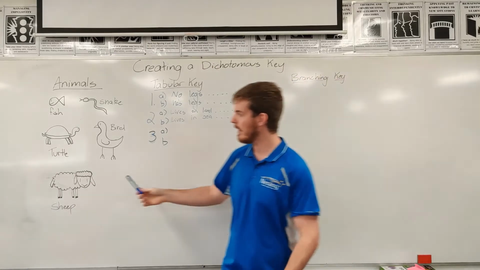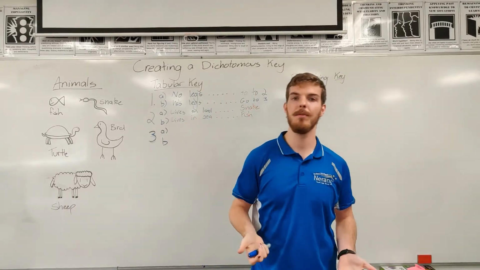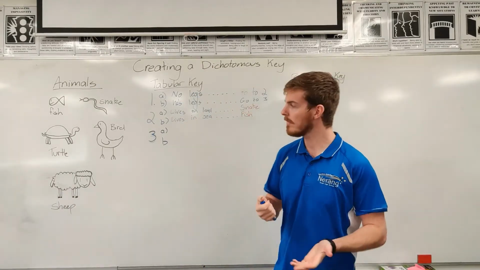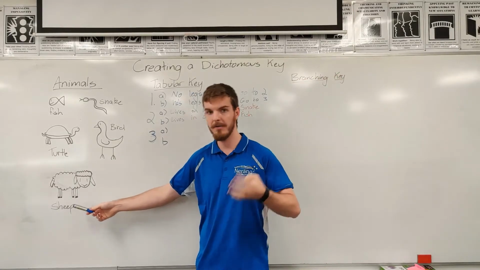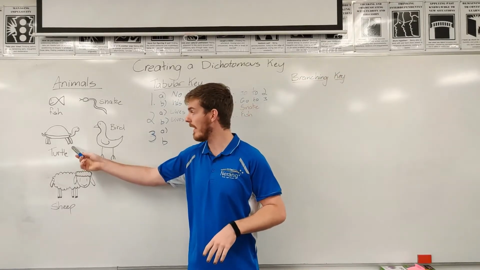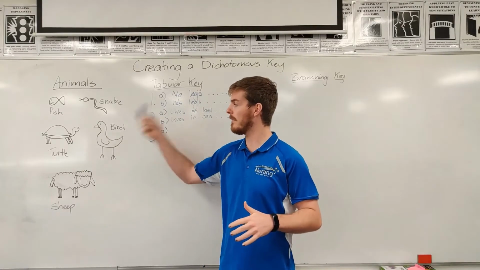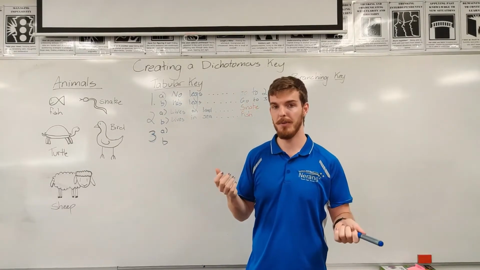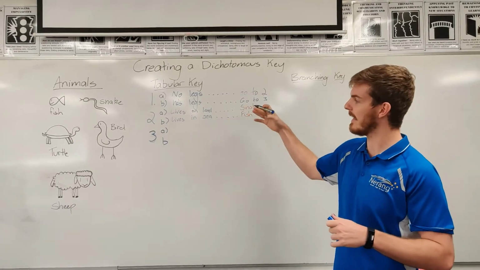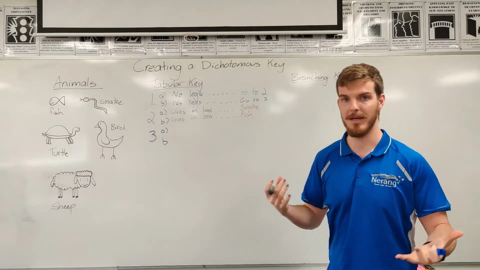Now, is there one thing that 2 of them have in common? Yes. How many legs does the sheep have? It has 4. How many legs does a turtle have? It has 4. Which means that the one by itself is the bird. So, if it has legs, the next one is going to be how many legs does it have?